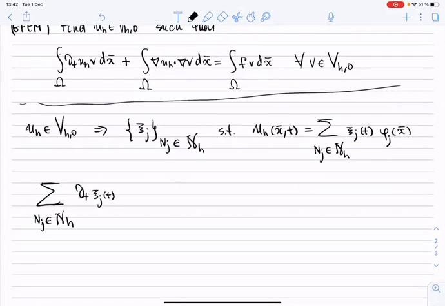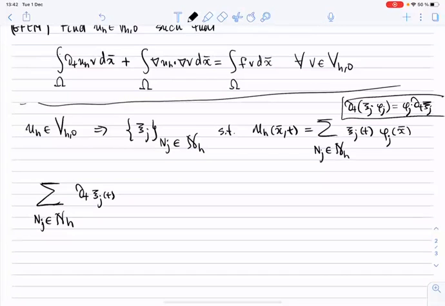And if I take the time derivative of everything, it's going to be the time derivative of psi because it's depending on time, but phi is not depending on time. That's why it just pulls out from the time derivative. In other words, if I take the time derivative of the sum of psi_j phi_j, it's going to be phi_j times the time derivative of psi_j, because psi_j depends on time, not phi.